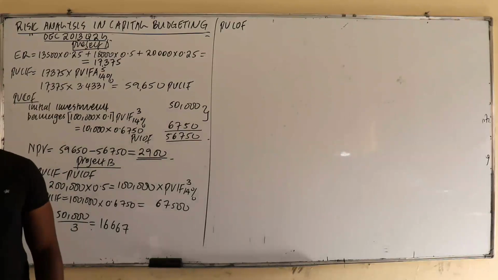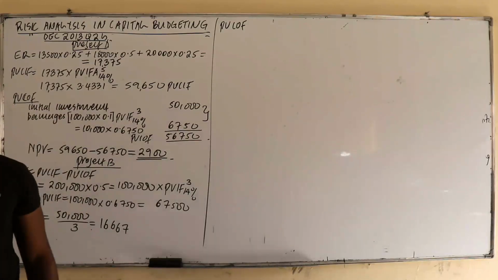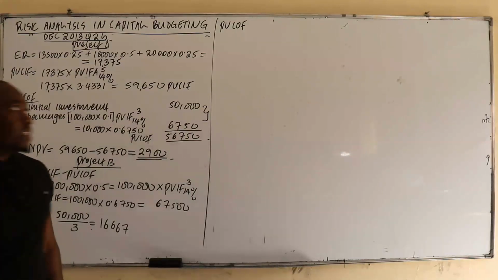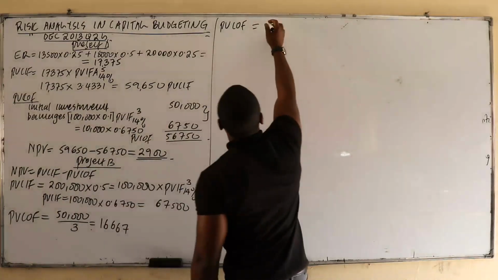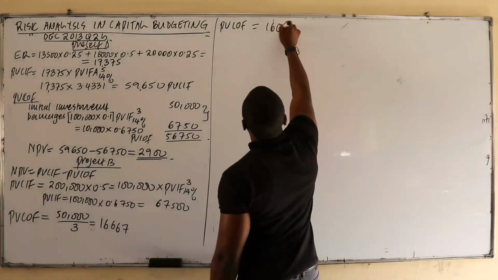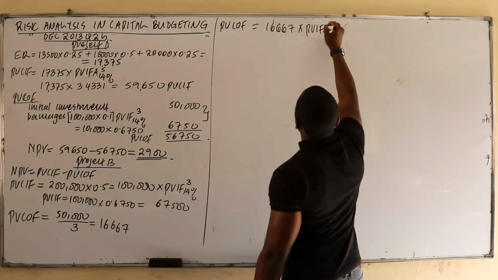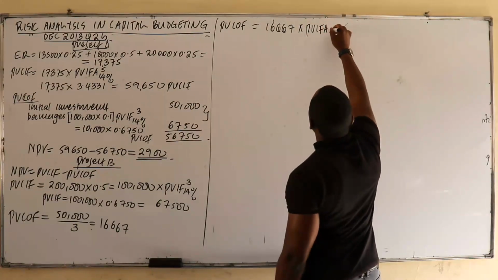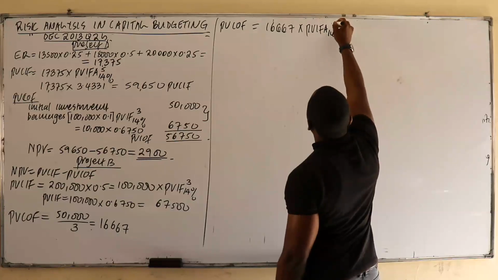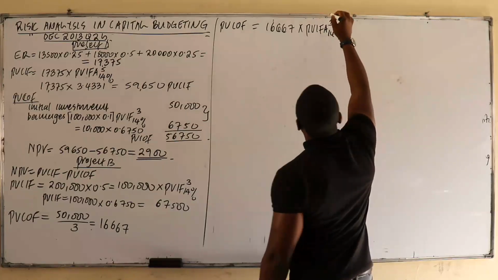So now the question is, how much is the present value now? You will discount. So it will be 16,667 times present value interest factor of an annuity, 14% for the next 3 years.